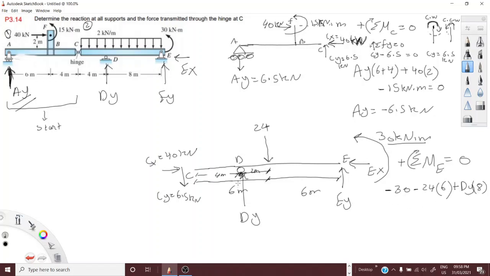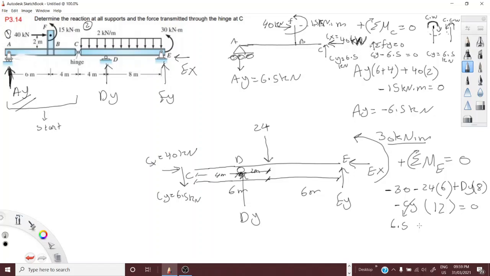Then we are left with Cy, which is counterclockwise, so minus Cy, which is 6.5, times the perpendicular distance, which is 8 plus 4, which is 12.